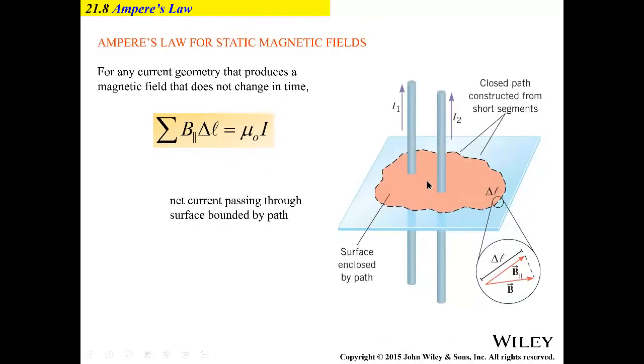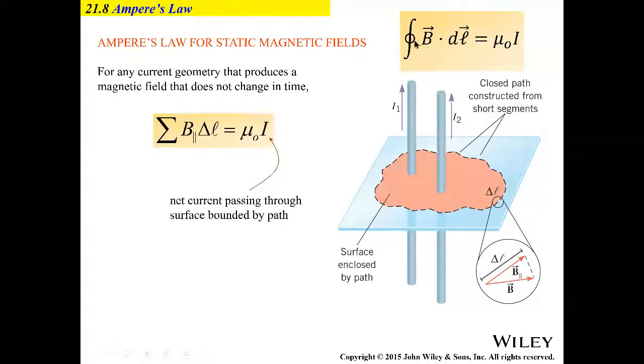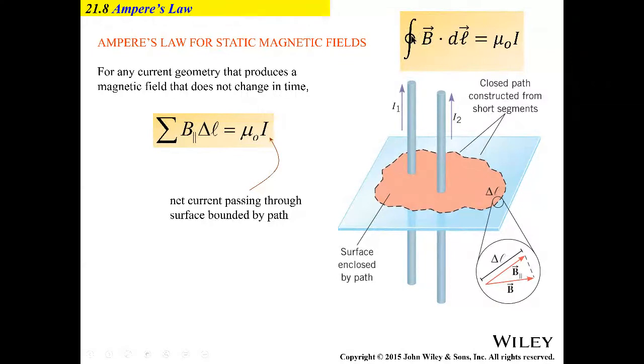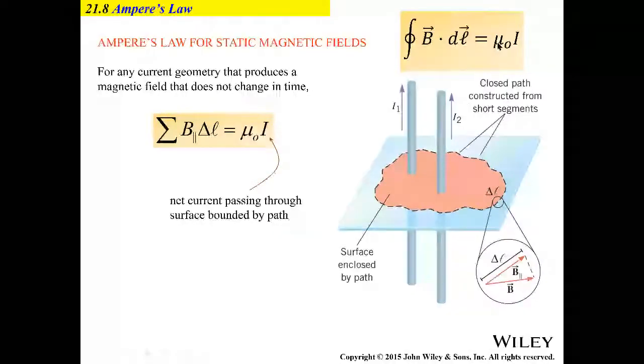And for the people who are familiar with calculus, this is the circuit integral. Well, just use that language. The circuit integral of the magnetic field in the direction of the circuit, dl. And when you do the circuit, it then only depends on the current inside the circuit.